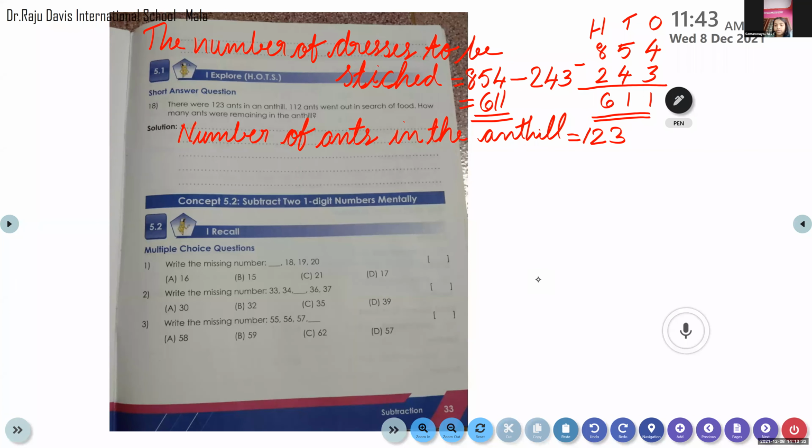The next step is number of ants that went in search of food equal to 112.